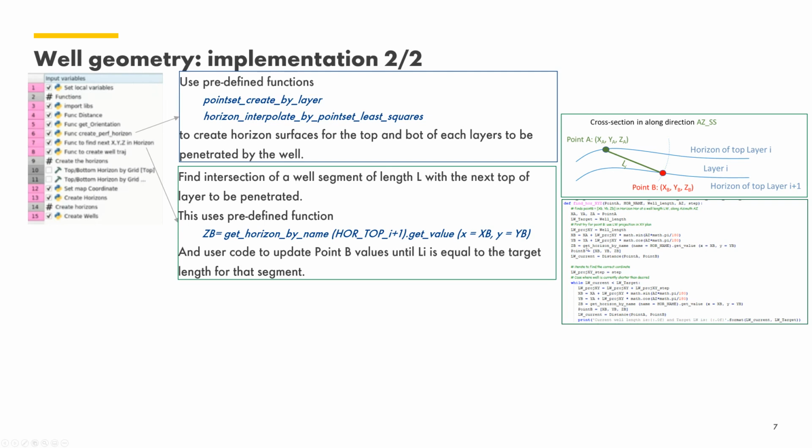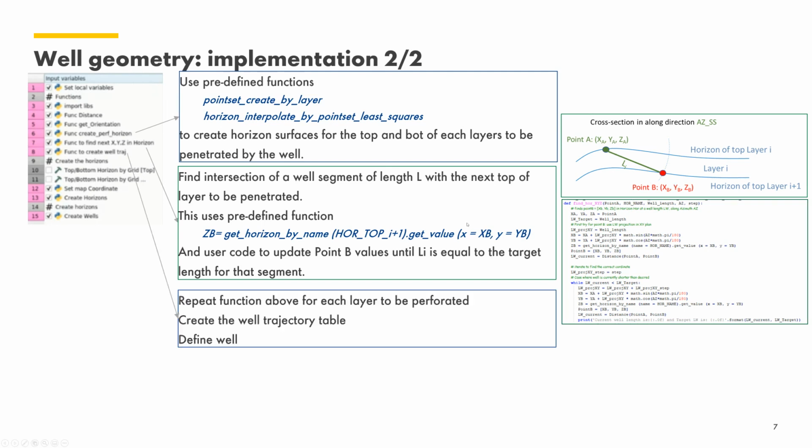It actually uses a predefined function in tNav, this thing here. What it does is basically call a specific horizon, or in our case, the horizon I+1, and then get the Z value at a specific X and Y location. So you can see how flexible that can be, right?